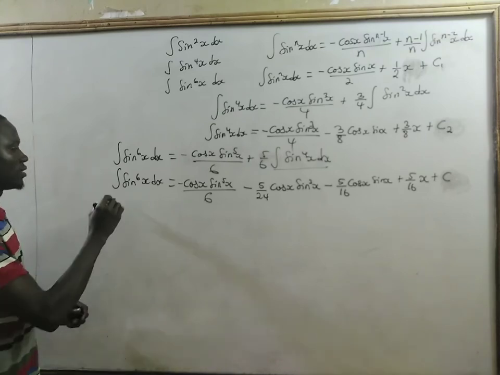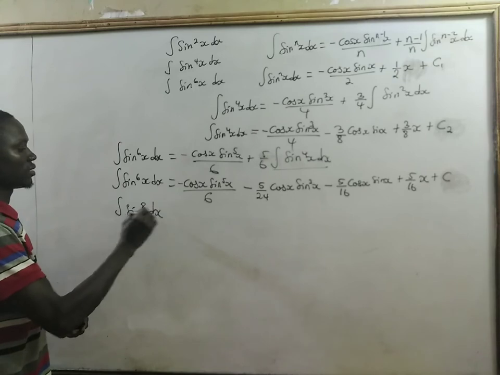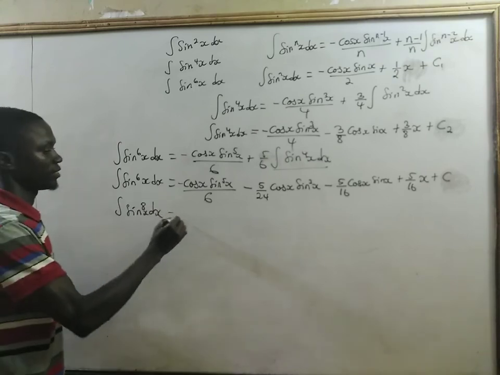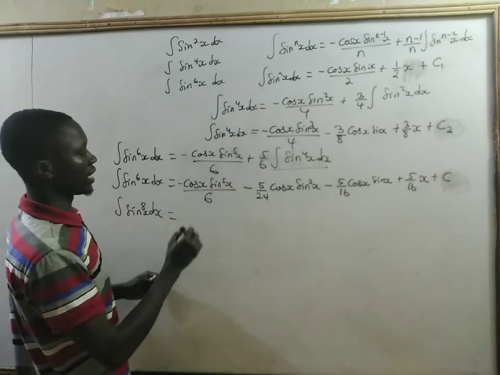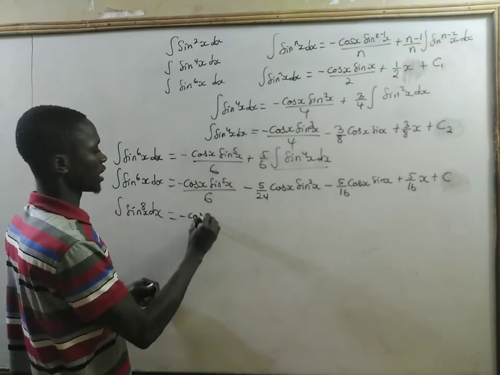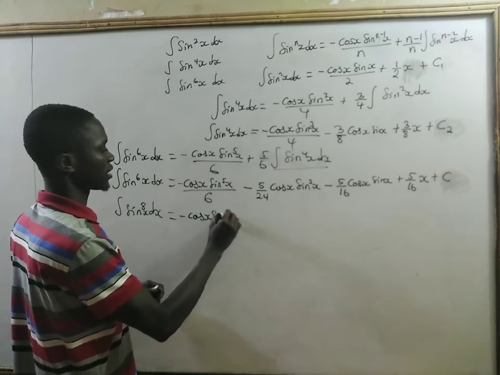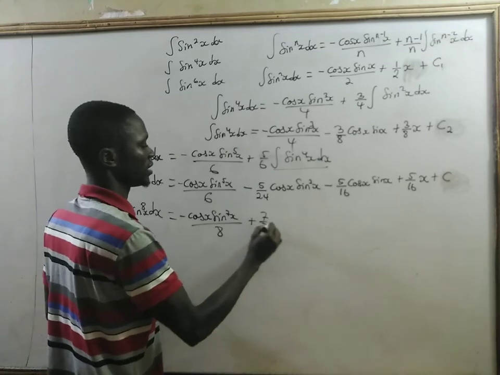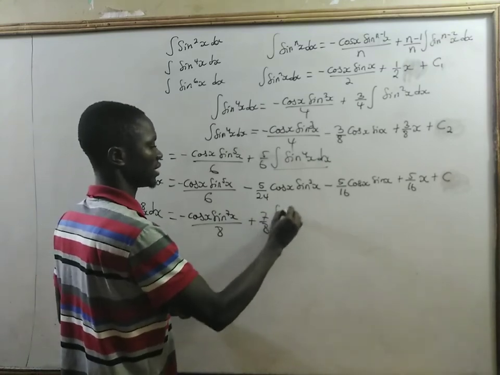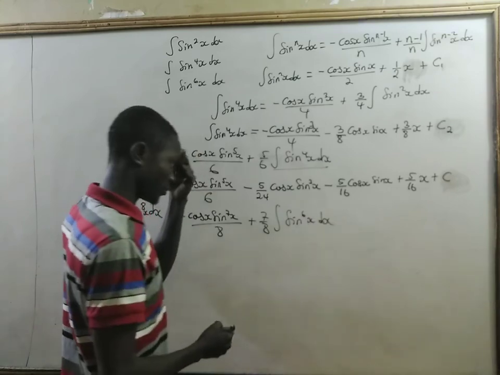If you want the integral of sine to the power 8 of x dx, just expand it and write it as minus cosine of x sine to the power 7 of x divided by 8, plus 7 on 8 times the integral of sine to the power 6 of x dx.